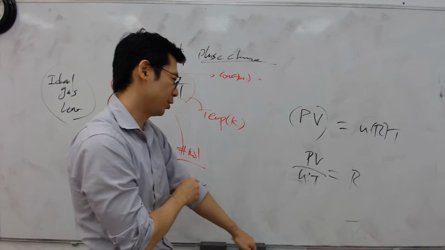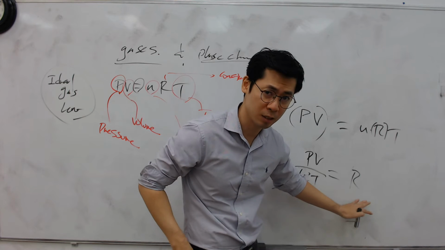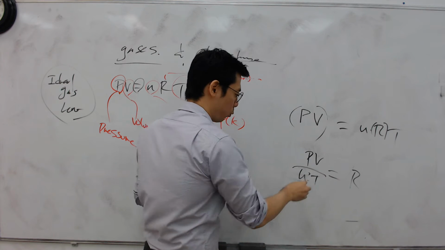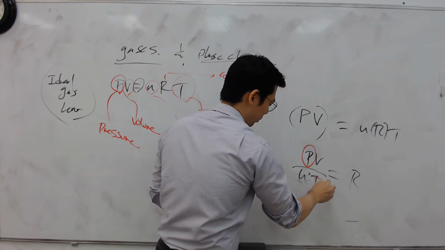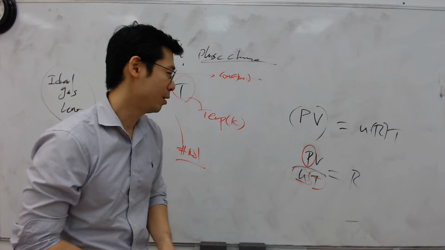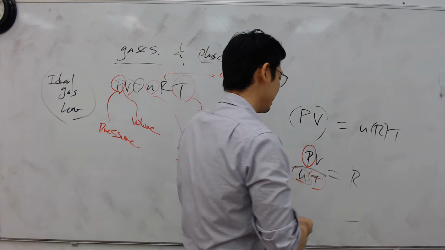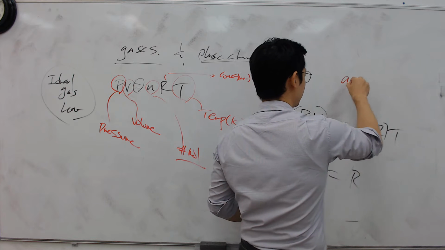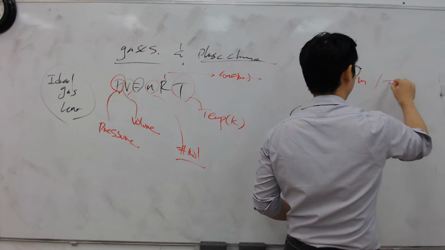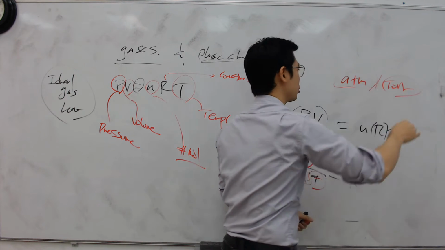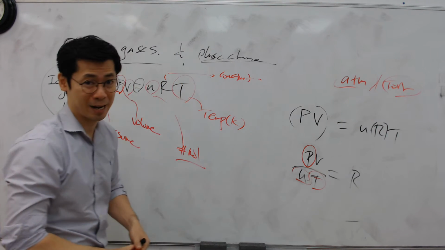A constant is a number, and its value can change based on what pressure and temperature units are given. In chemistry we use atm as a pressure, or torr, which can also be millimeters of mercury. If you're coming from bio, they use bar.